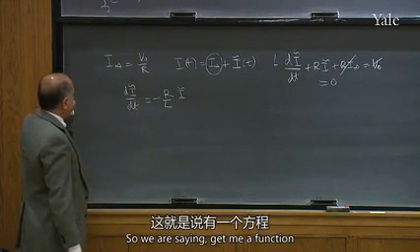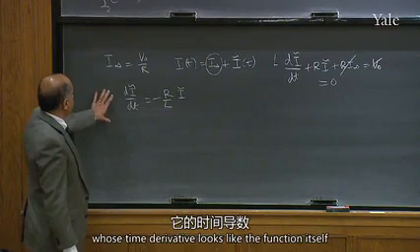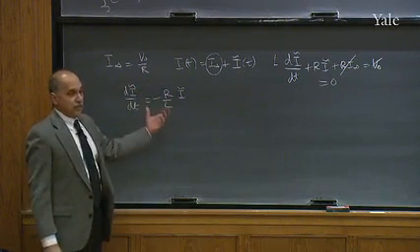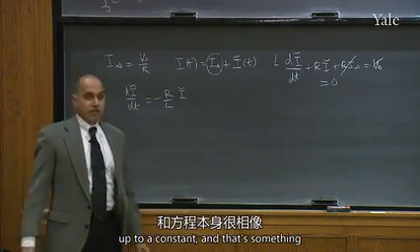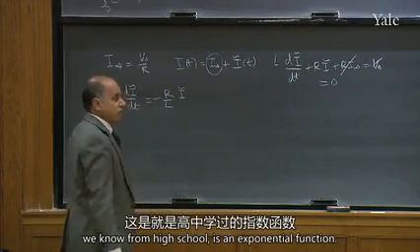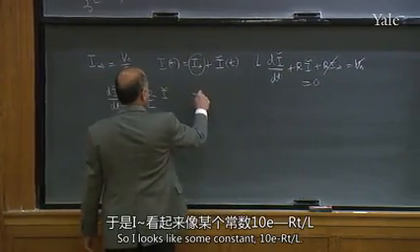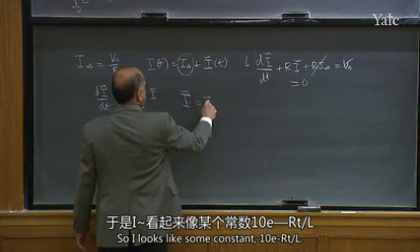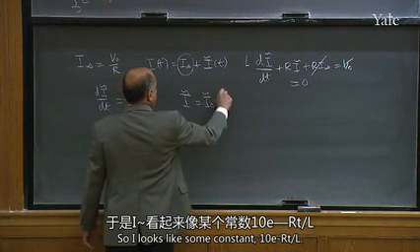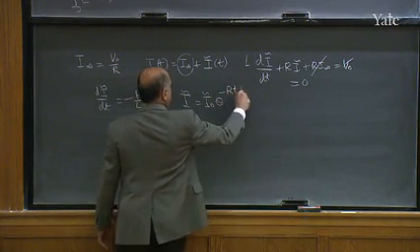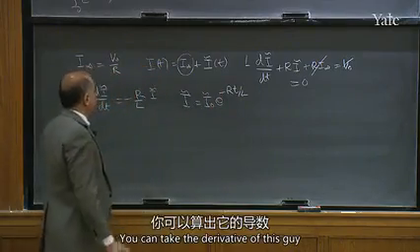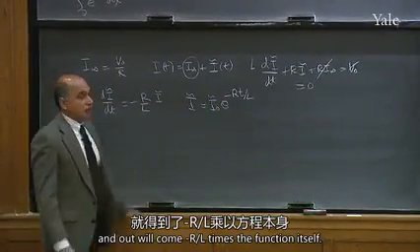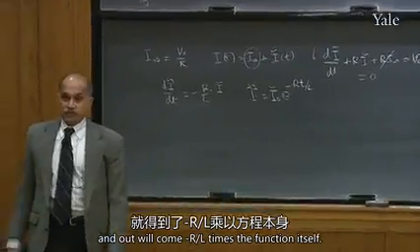So we are saying, get me a function whose time derivative looks like the function itself up to a constant. And that's something we know from high school. It's the exponential function. So I twiddle looks like some constant, I twiddle 0, times e to the minus Rt over L. You can take the derivative of this, and out will come minus R over L times the function itself.